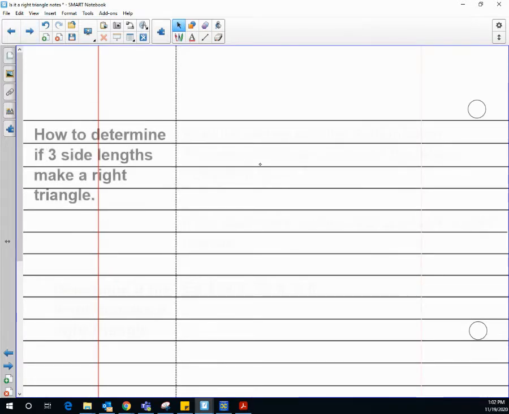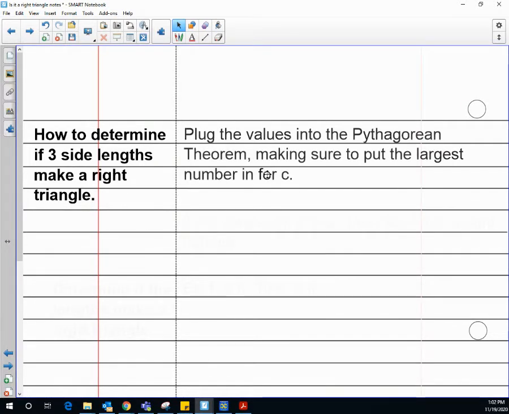So now we just talked about how you know if three sides make a triangle. We want to take it a little further. How do we know if three sides make a right triangle? Let's pay attention to that, that's the difference.